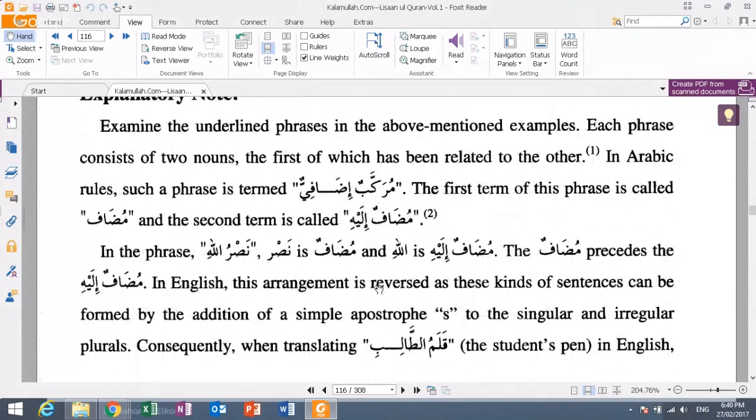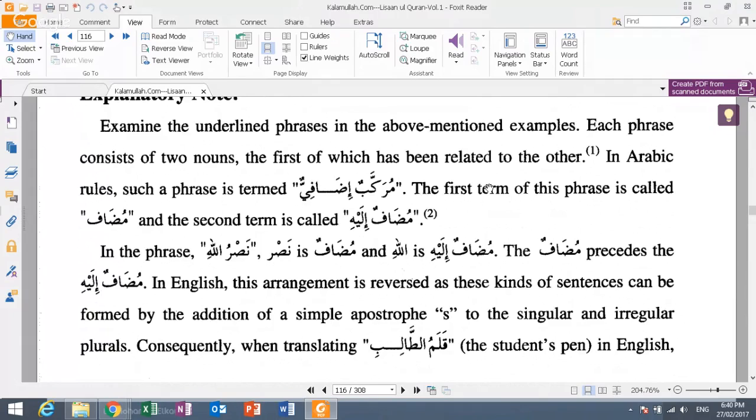Then we explained to you the rules of mudaf ilayh. The i'rab of the mudaf can be fatha, can be dhamma, and can be kasra. Mudaf can carry all three i'rabs. Depends. If it is rafi case, then we put the dhamma on the mudaf.